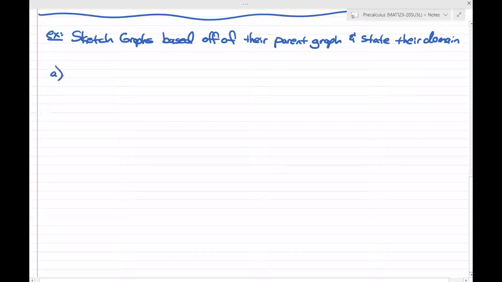Let's say we had f of x is equal to negative 1 over x plus 1. Now, the parent graph would be 1 over x, but we have this change and we have this change. This change is going to move the graph left 1 because it's on the inside. And the negative up here is going to reflect over the x-axis.